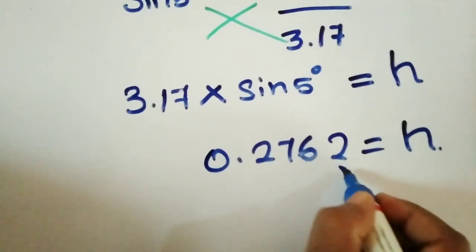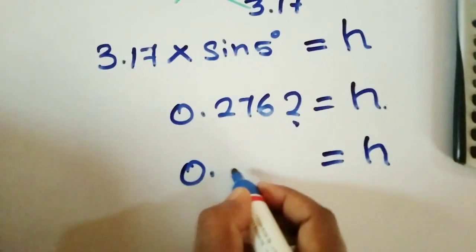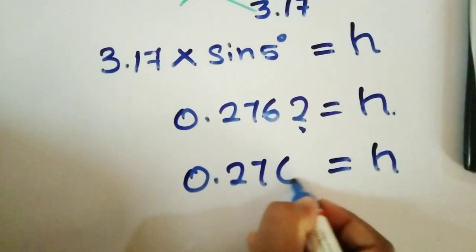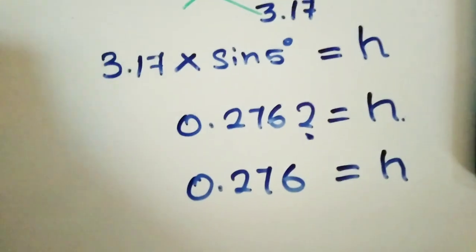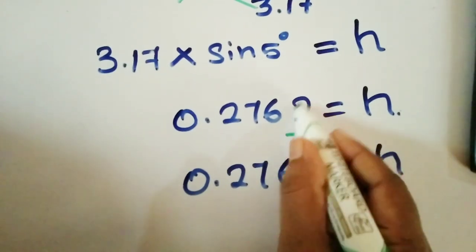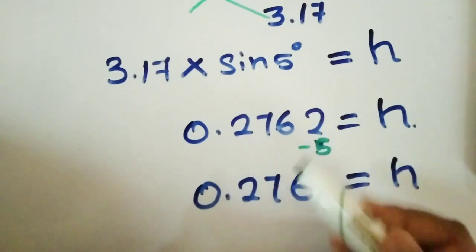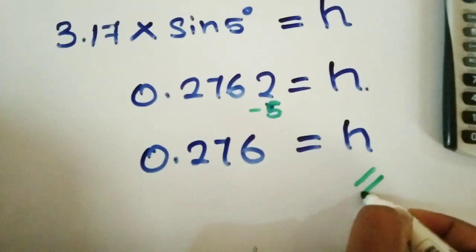But it's enough. We can give the answer in 3 figures. So we'll round it off. To round off, first we have to check whether this digit is less than 5 or greater than 5. If it is greater than 5, we have to add 1 to the previous number.